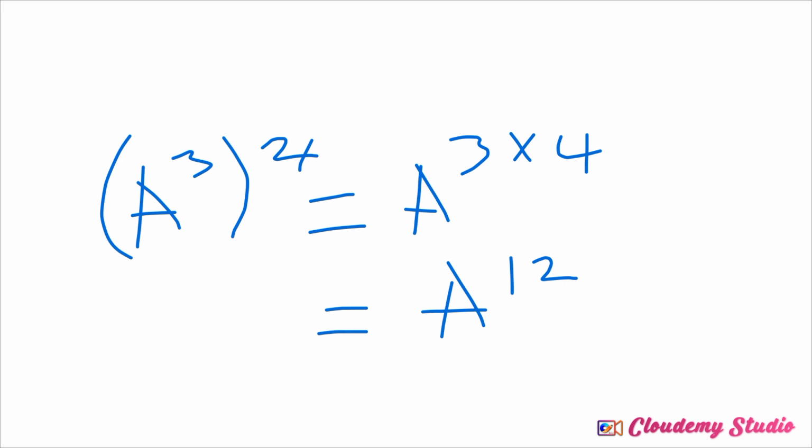Rule 4 states that any non-zero number raised to the power of 0 equals 1, regardless of how big that number is.